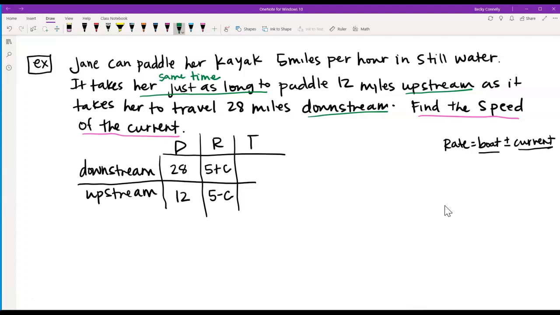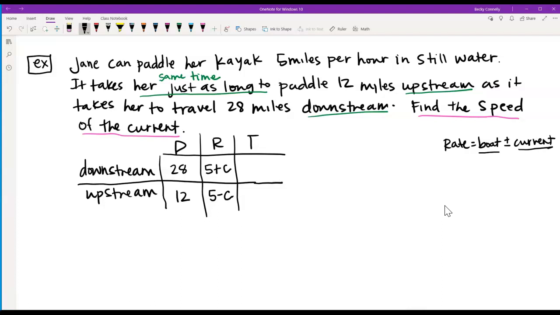And so you've got to kind of look for that. If it's not giving you information about time, look to see, is it telling you that they're the same time or something like that? Because there could be something like that happening. And so then we're thinking, okay, well, great. They're taking the same time. How do I fill that in here?